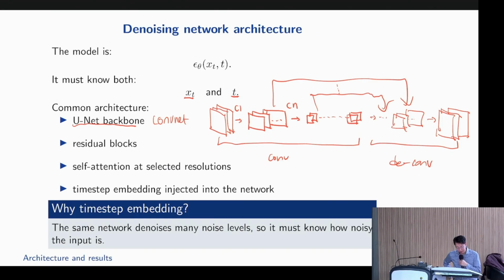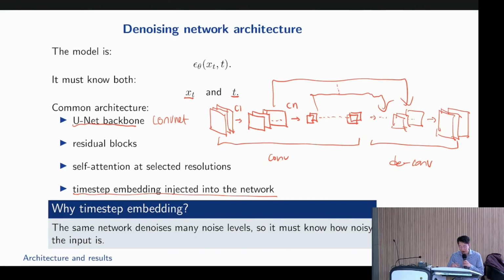And just one additional tweak you need to do is make sure you can take as input the natural number, which is time index. Also, you need to change the unit so that you can better encode this timestamp information.